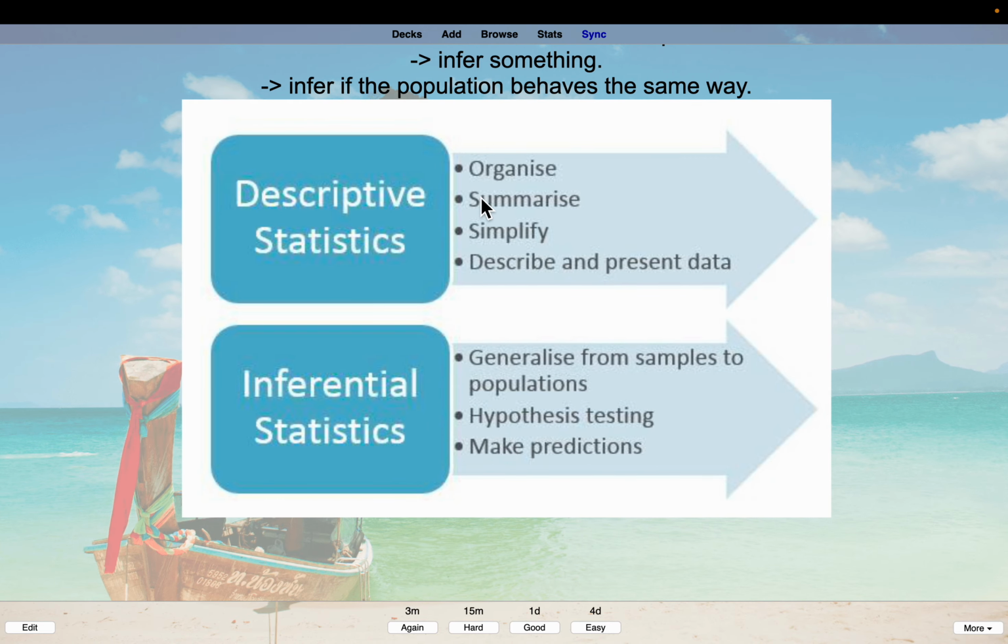Okay, so in this image, for descriptive: organize, summarize, simplify, describe, and present data. For inferential, we generalize from samples to populations, and we perform hypothesis testing. So there are many formulas that we could use for hypothesis testing, depending on the situation that we are given.